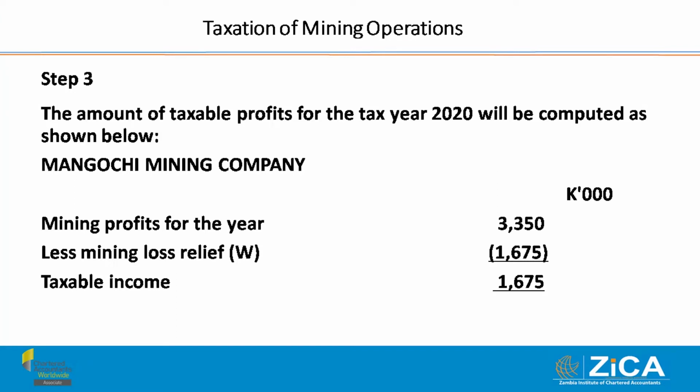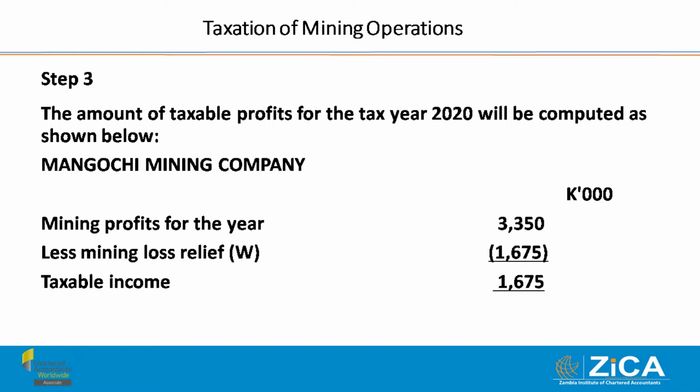Step 3. Now that we have determined how much of the loss can be offset, we can now compute the final taxable profits for this particular company. So, you recall that we were told in the question that the mining profits for this company for the tax year 2020 was 3,350.